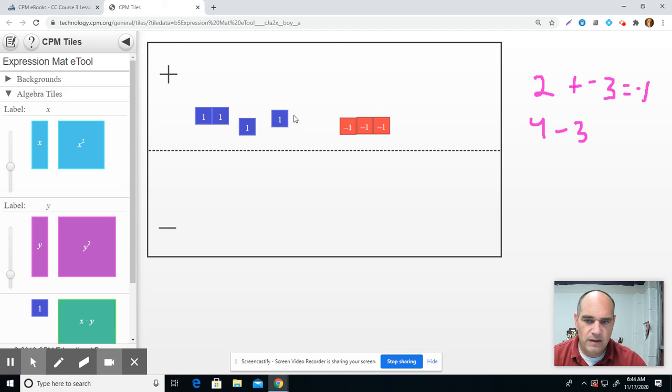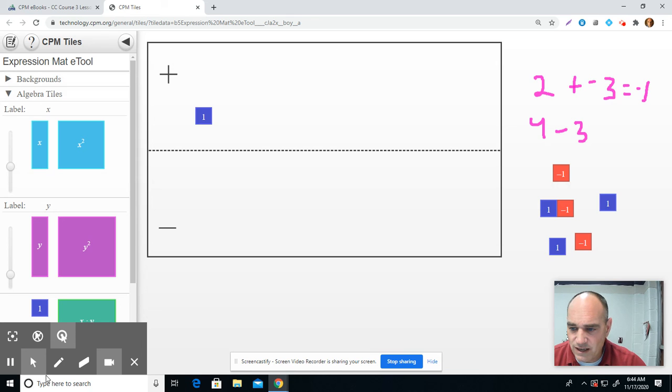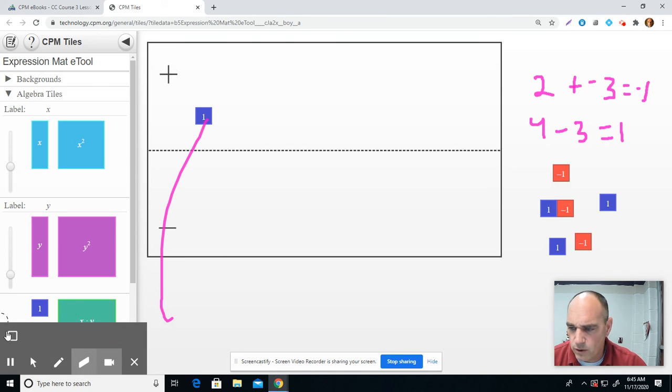Then we change it again. And we'll notice when we do this, we create a bunch of 0 pairs, and these are all gone off the board. So take them off so you don't worry about seeing them. There's all of our 0 pairs, which are now gone. And our answer, just like we expected, ends up being a +1. Nothing earth-shattering. You expected that answer, but I want you to understand how we're going to use this board.